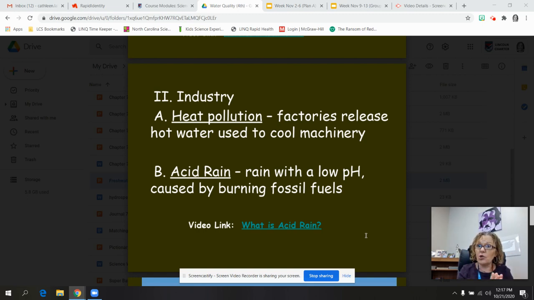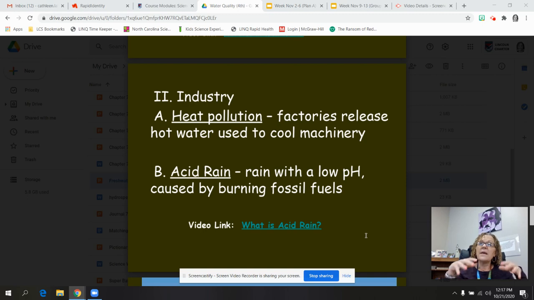Industries, though, along with us, the humans, we do produce acid rain. We are the producers of acid rain because acid rain is created when we burn those fossil fuels like gasoline, coal, anything like that, natural gas.